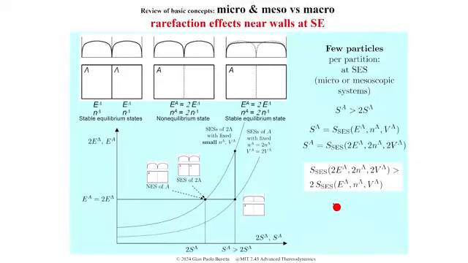Remember that the issue here is that walls cause rarefaction effects because the density of particles must go to zero at the wall. In most frameworks, we have seen some examples.